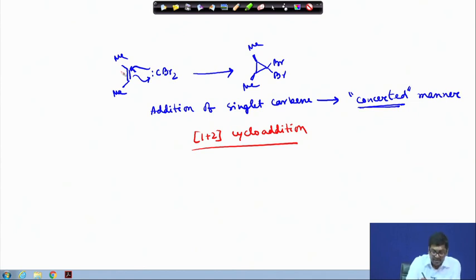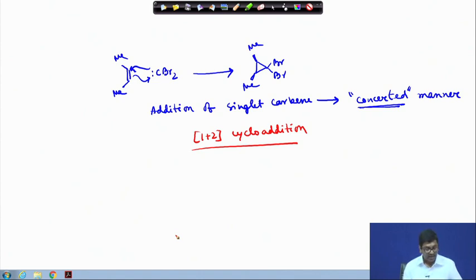That means, if we take here the Z olefin, we are getting the cis product. If we take the E olefin, we are getting the trans product, right. So, the geometry of the alkene is preserved in the product, that is the cyclopropane stereochemistry. That is why these reactions are concerted.